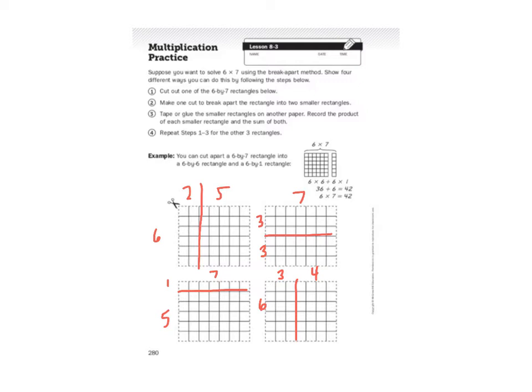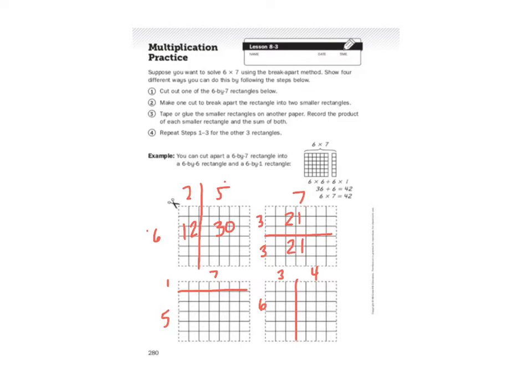So for this first one, I have 6 times 2, which is 12. And then I also have 6 times 5, which is 30. And when I add those up, I get 42. Over here, I have 3 times 7, 2 times, which is 21. And when I add those up, I also get 42.